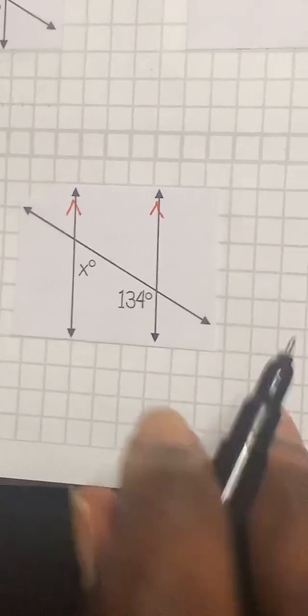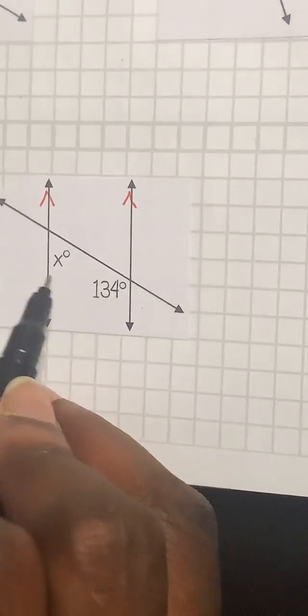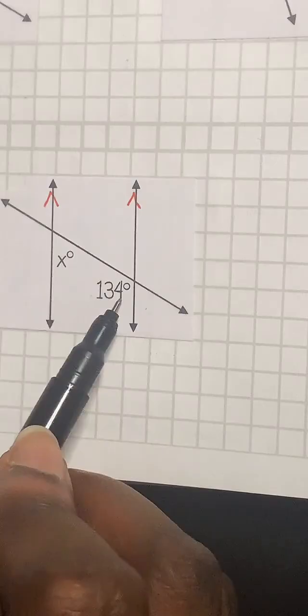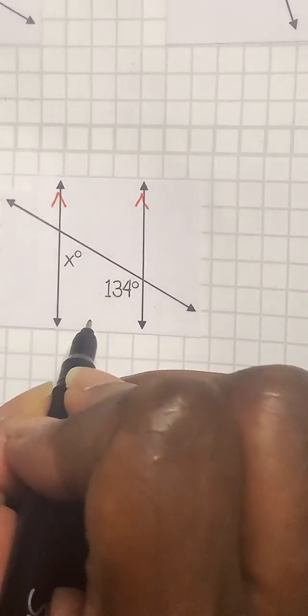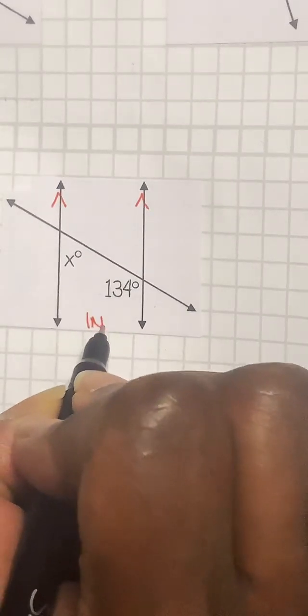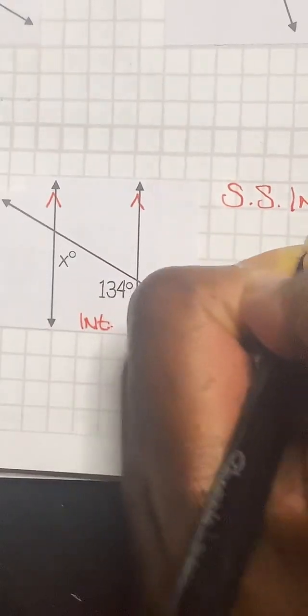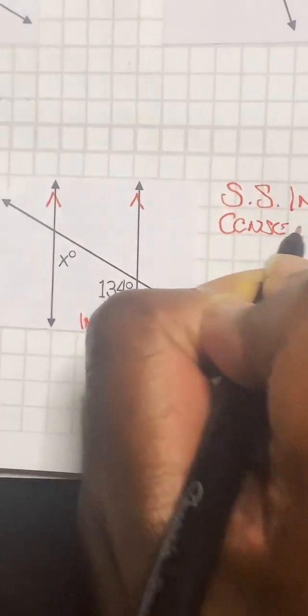Good job. So since here are my two parallel lines, here's my transversal, they're on the same side and they are in between. So this is my interior. So this is what you can call your same side interior, or you can say they're your consecutive interior.